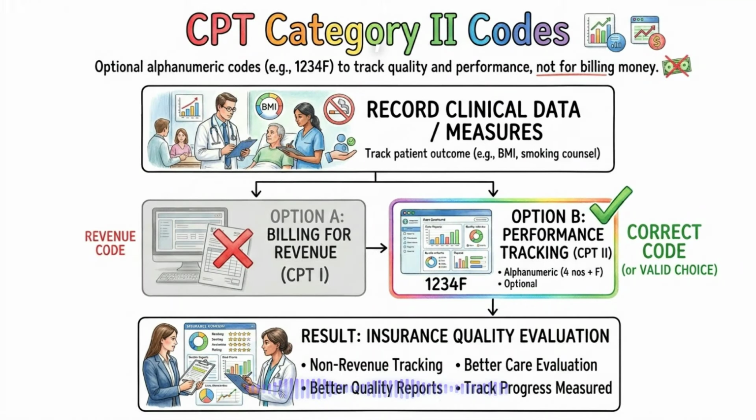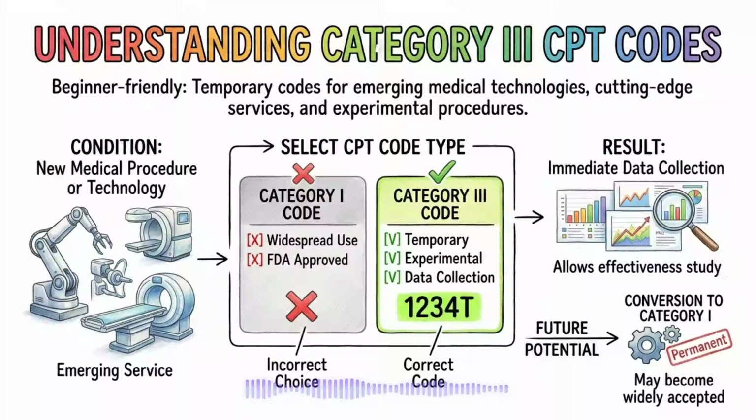You will also encounter Category III codes, which are temporary codes used for emerging medical technologies, cutting-edge services, and experimental procedures. These codes consist of 4 numbers followed by the letter T, unlike Category I codes, which require widespread national use and FDA approval before they are created.